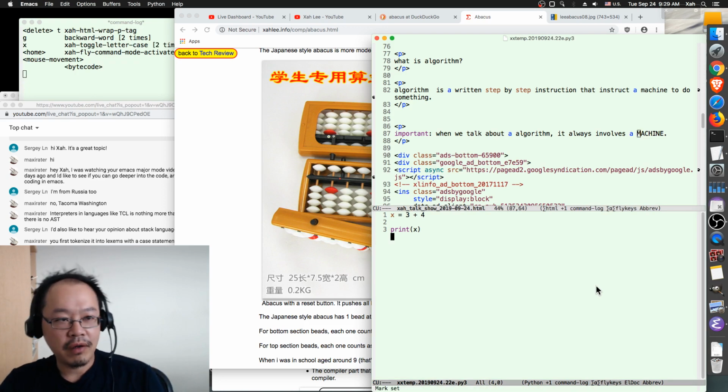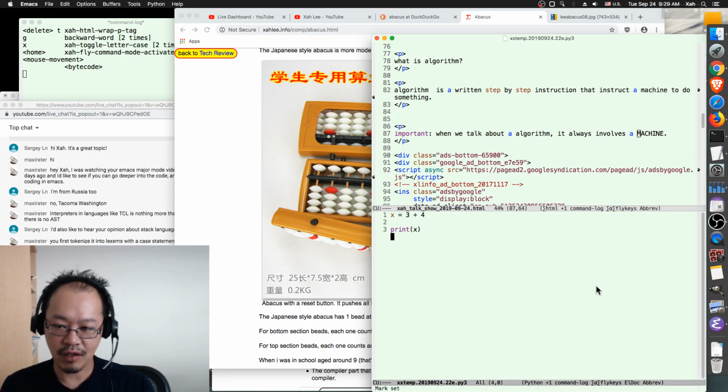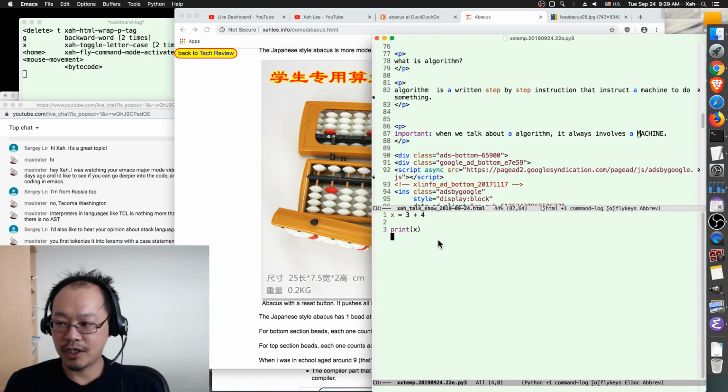For example, in our daily life, when we program in Python, JavaScript, C, or whatever language, there's always a machine involved, typically a modern computer, the CPU, whatever chip it is. Apple chips and Intel chips are actually different machines.